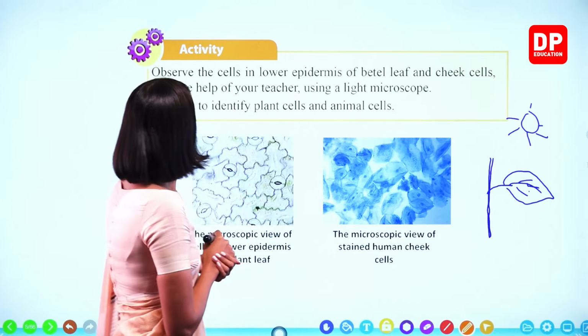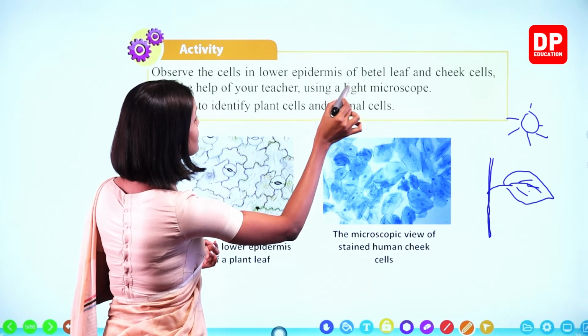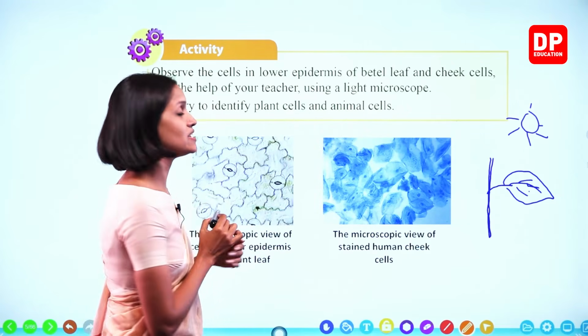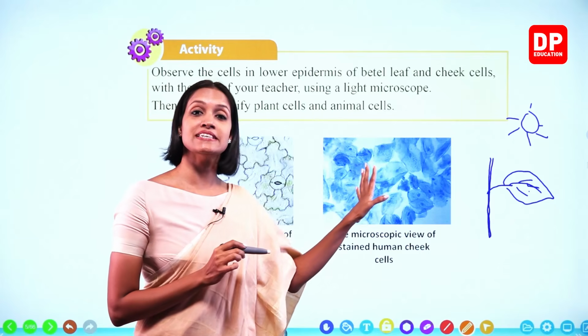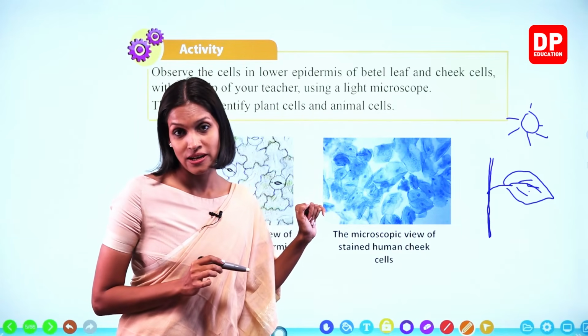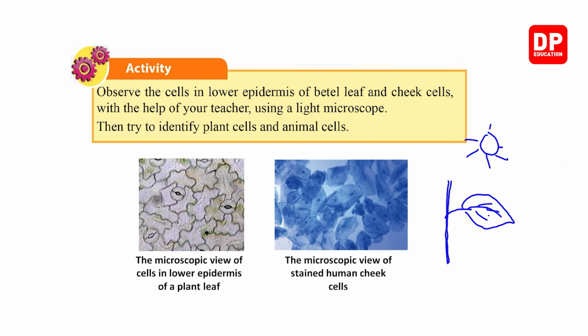Okay? So observe the cells in the lower epidermis of the betel leaf and cheek cells. Do you remember we discussed human cheek cells in the 10th lesson as well, under the microscope lesson?